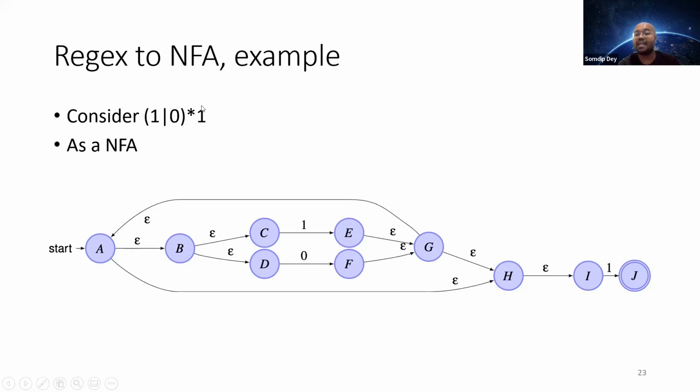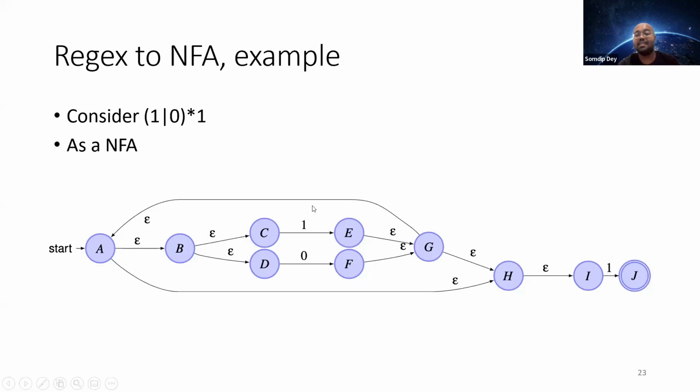And because at the end of the regular expression we have 1, we move from I to J, where J is the accept state, on the transition for 1.